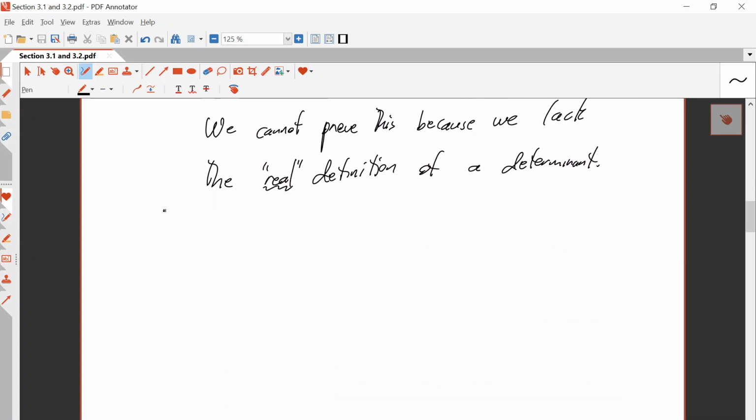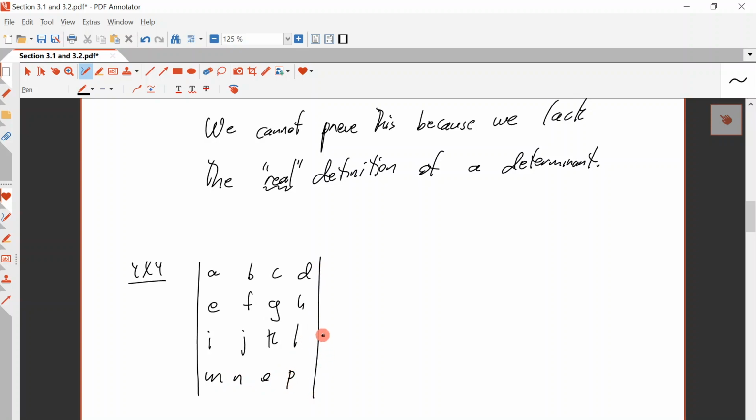And then for a 4 by 4 determinant, if you have a 4 by 4 matrix, A, B, C, D, E, F, G, H, I, J, K, L, M, N, O, P, this is equal to, well, again, you pick a row or pick a column. So I'm going to pick row 2.